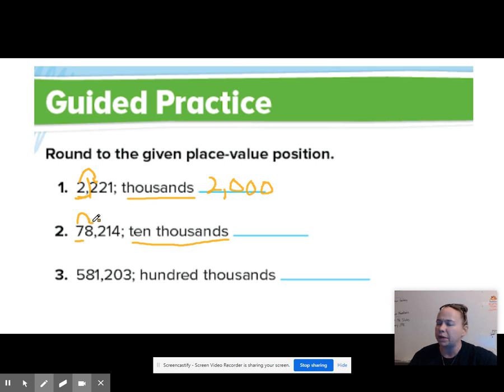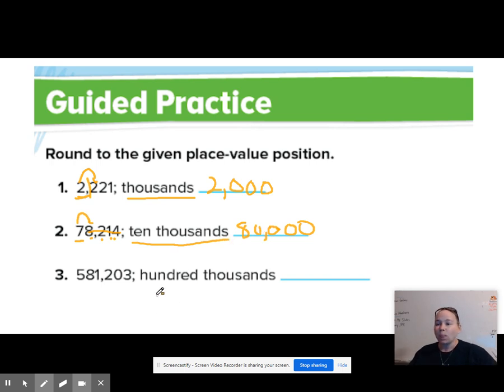Oh, 8's one of those big numbers. It looks at the 7 and it goes, ha! It gives it a shove, and the 7 goes, whoop! And it pops up to an 8. That 7 turns into an 8. And then everything else turns into a 0. So I need 1, 2, 3, 4 zeros. I know that doesn't look like 0. And then I can go 1, 2, 3, comma.